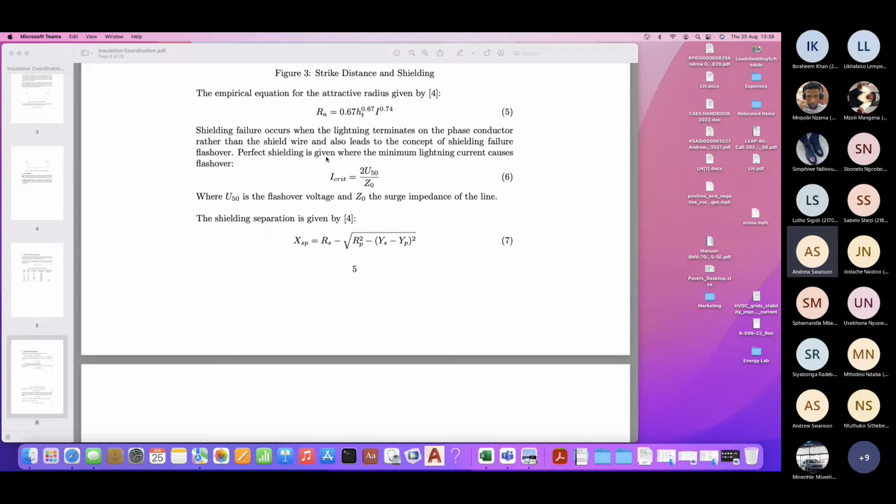Perfect shielding is given where the minimum lightning current causes flashover. And that's given by the equation.